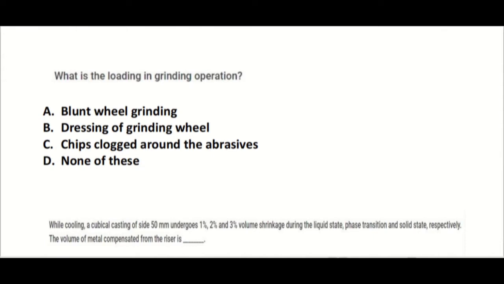Because of the grinding process, the long chips forcefully enter into the structure, so that the space gets blocked. Because of that, the grinding wheel will simply run against the workpiece and no material removal will happen. This situation is known as loading of the grinding wheel.